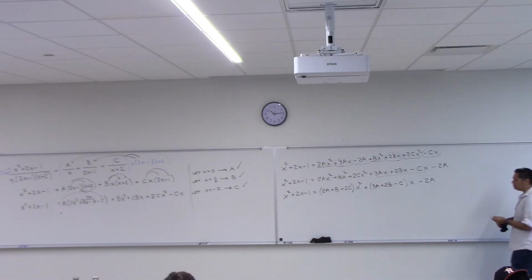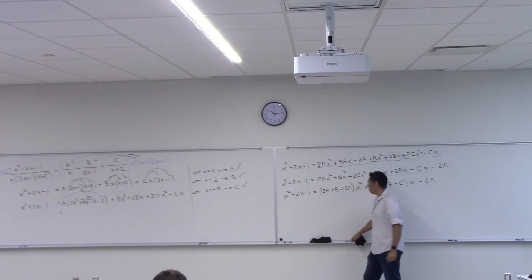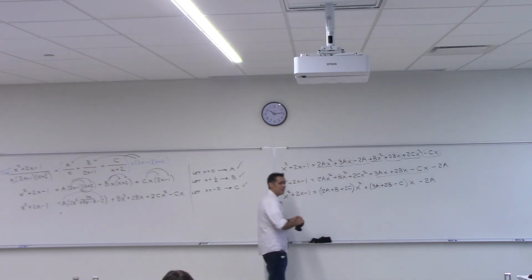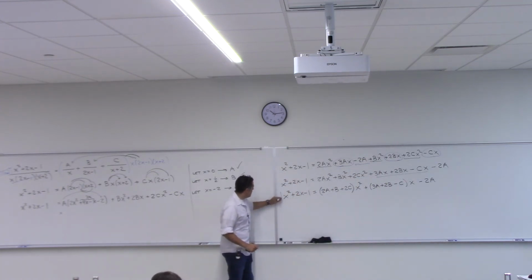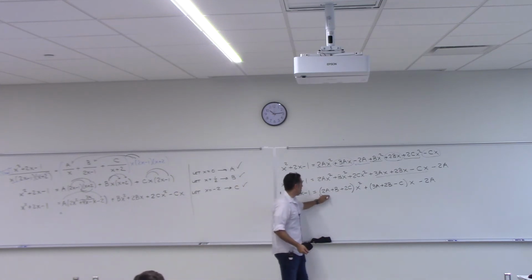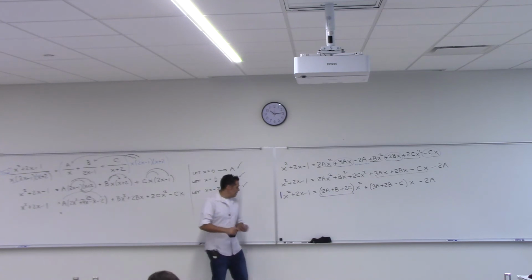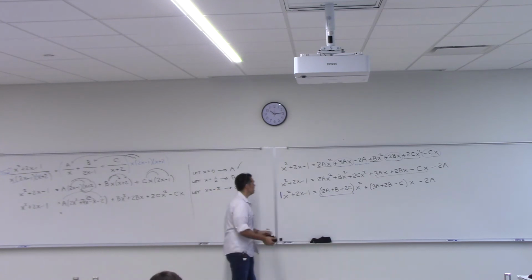So the idea is that I have to keep this in balance, right? Notice that on the left side of the equation, the number that's sitting in front of x squared is a 1, right? And if it's going to be in balance with that side of the equation, I need the thing sitting in front of the x squared to also be 1. That's my first equation.